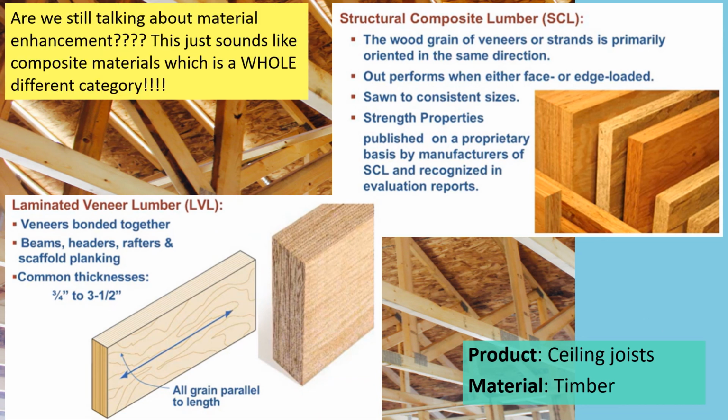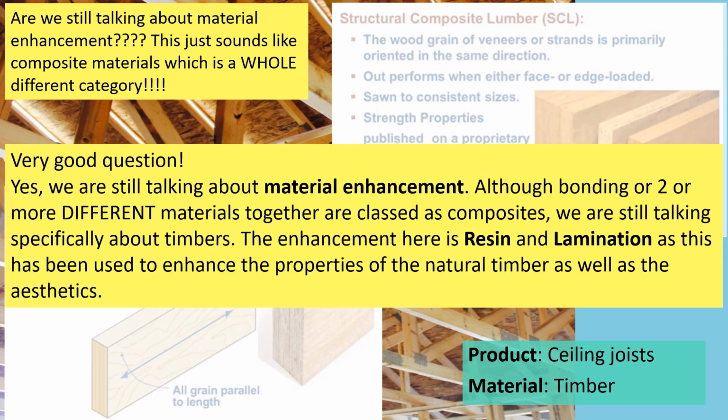Hold the phone. Are we still talking about material enhancement? Because this just sounds like composite materials, which is a whole different category. Very good question, and well done for asking it. Yes, we are still talking about material enhancement. So although bonding two or more different materials together is classed as composites, we are still talking specifically about timbers.